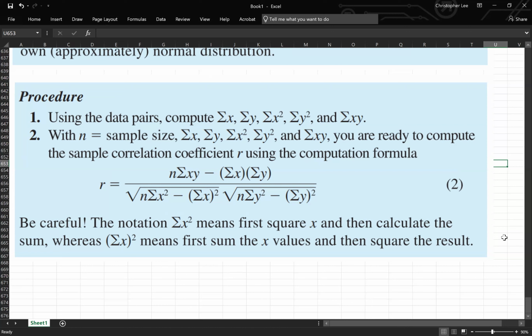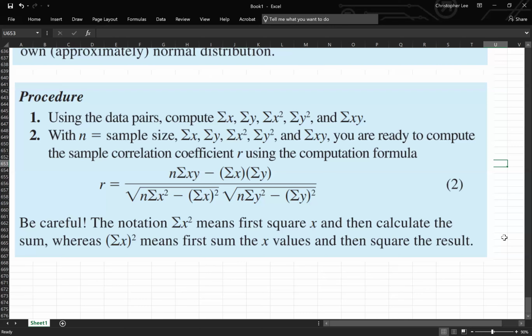So R is equal to n times the sum of xy minus the sum of x times the sum of y, divided by the square root of n times the sum of x squared minus the square of the sum of x, times the square root of n times the sum of y squared minus the square of the sum of y.